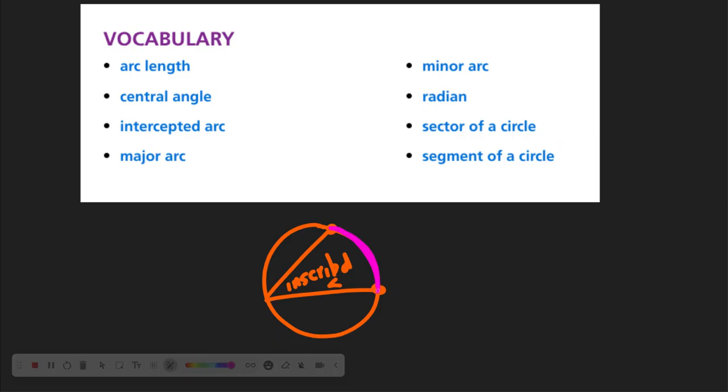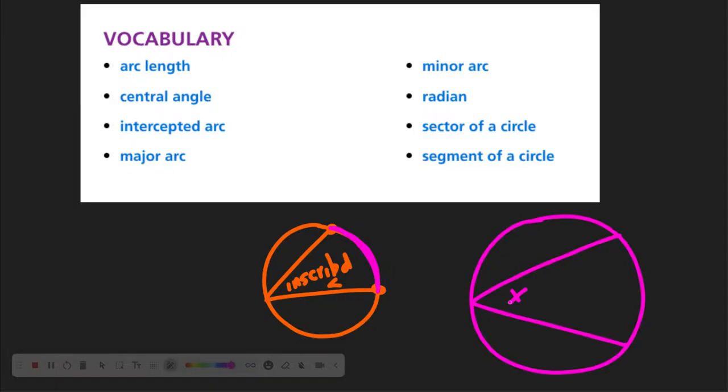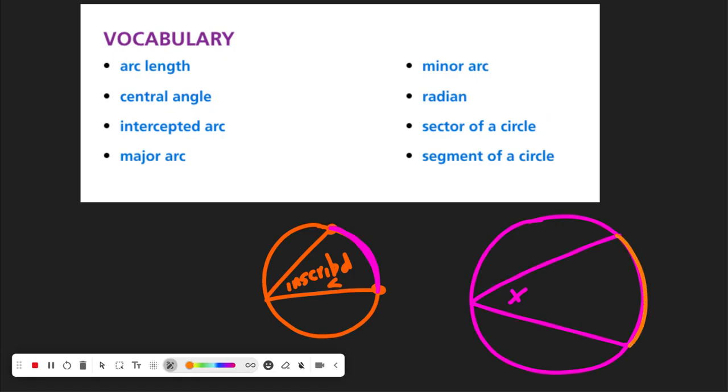So it's the arc that is intercepted by an angle that is inside, on, or outside of a circle. Okay? If you're wondering, the relationship between an inscribed angle and its intercepted arc is that the angle is now half of the arc. The arc is twice as big as the angle.